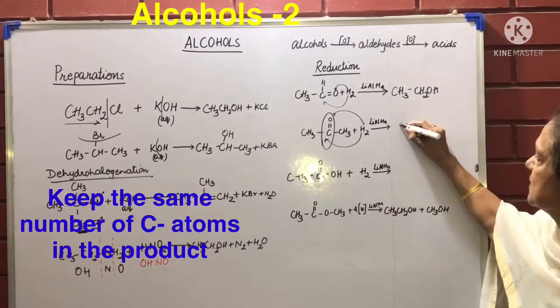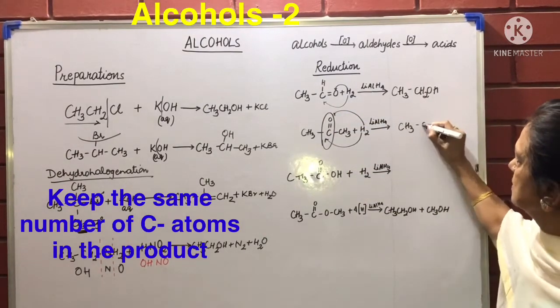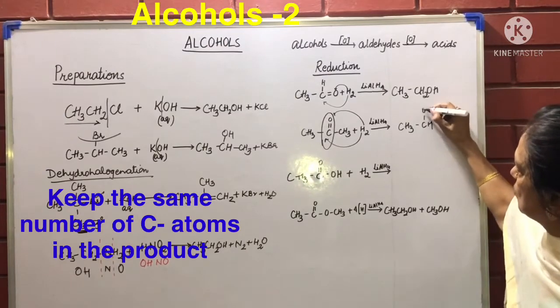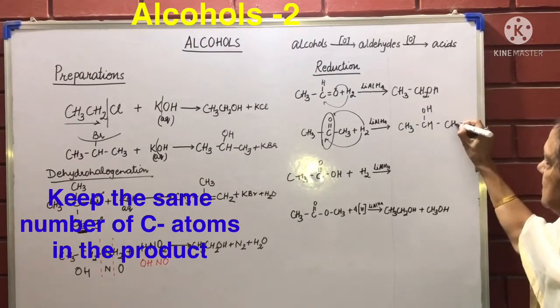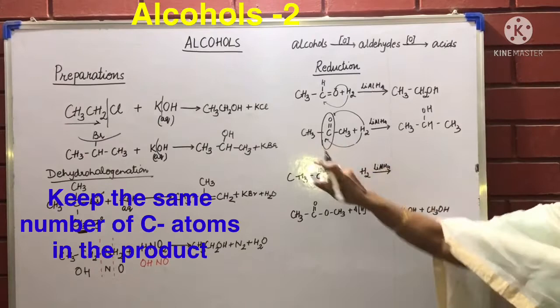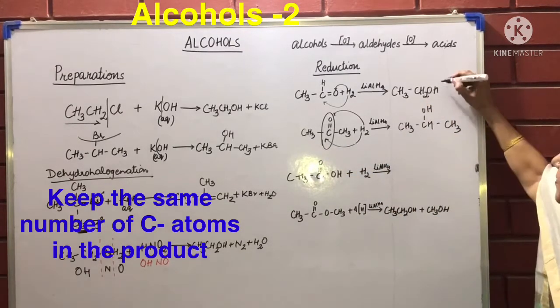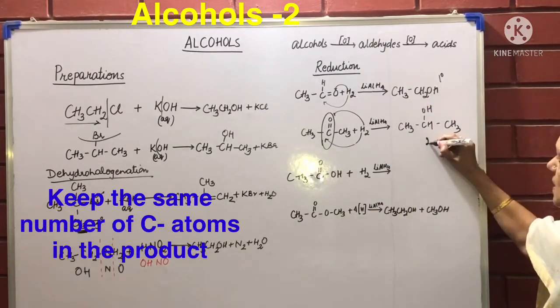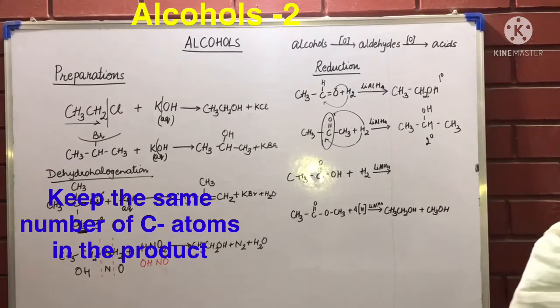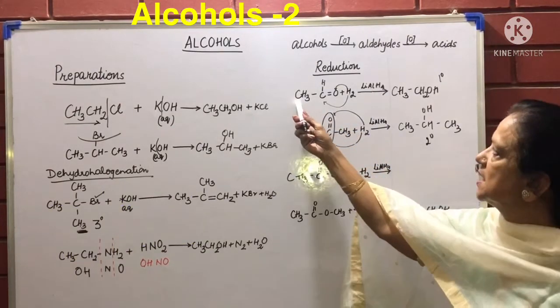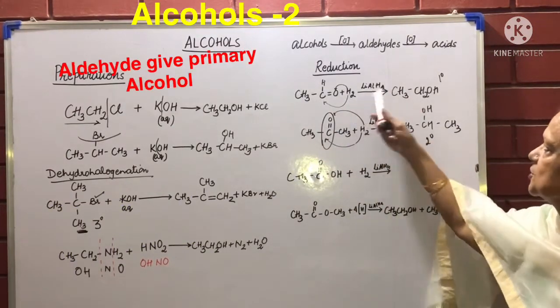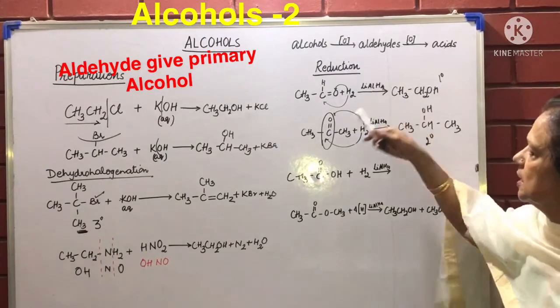So now this becomes CH3CHOHCH3. Now this is a primary alcohol, this becomes a secondary alcohol. So what you need to remember is aldehydes on reduction give you primary alcohol.